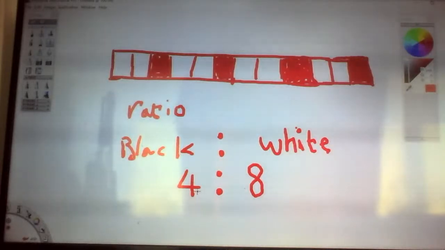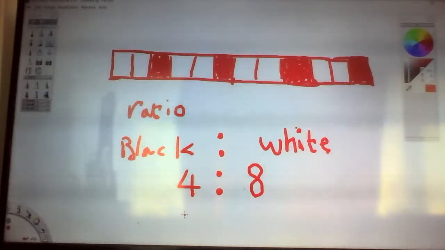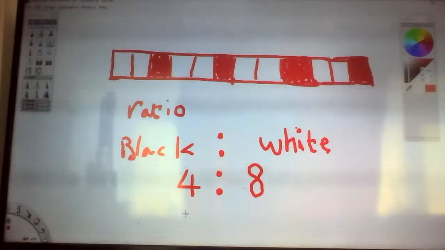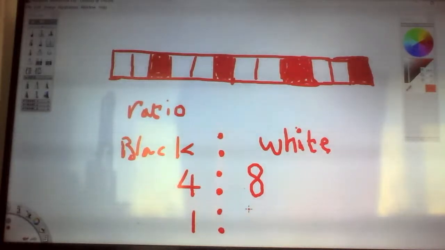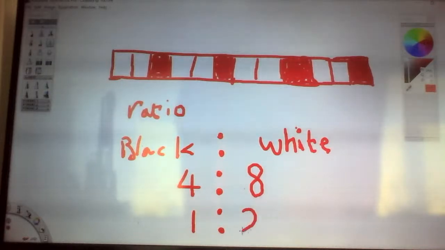What number can divide neatly by both sides to give the simplest term? Okay, time's up. If your answer was let's divide both sides by 4, you would be correct, because 4 divided by 4 is 1, and 8 divided by 4 is 2.